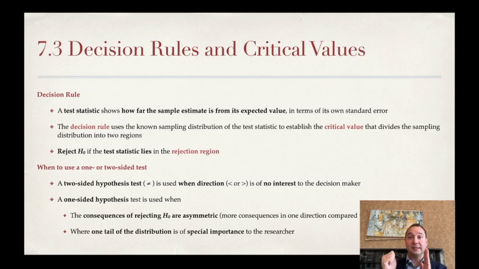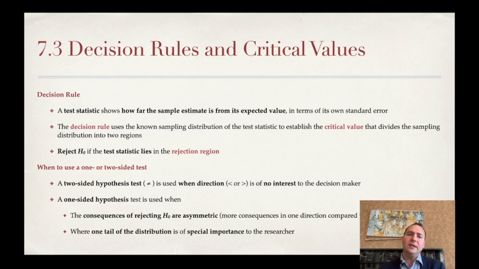If that test statistic is too far away, and it lands into the rejection region, then we would reject the null hypothesis. If that test statistic is not in the rejection region, then we don't reject it. We fail to reject the null hypothesis.